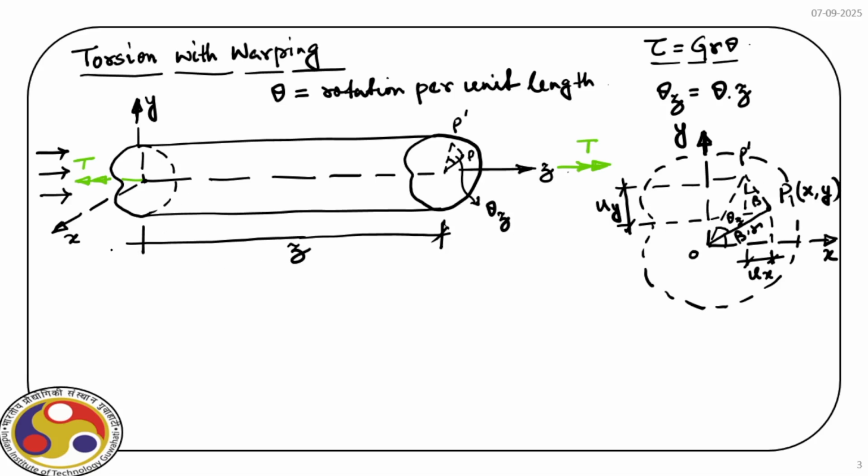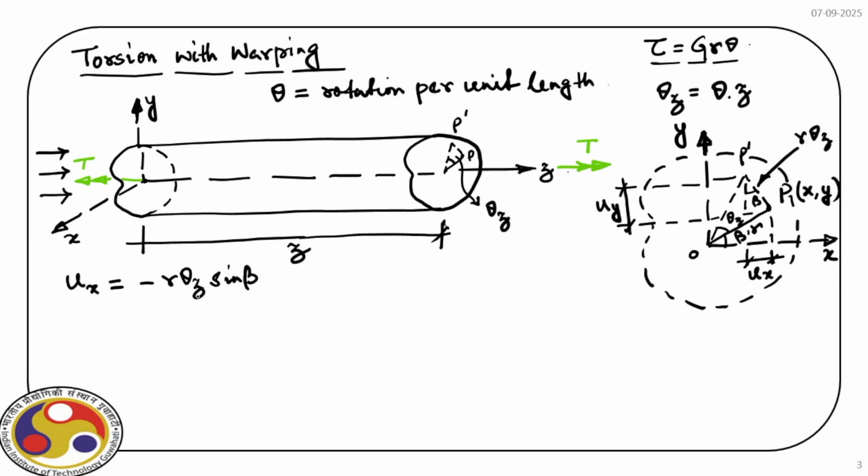Okay, now what is ux? ux is equal to minus r theta z sine beta; the x component is r theta z times sine beta.